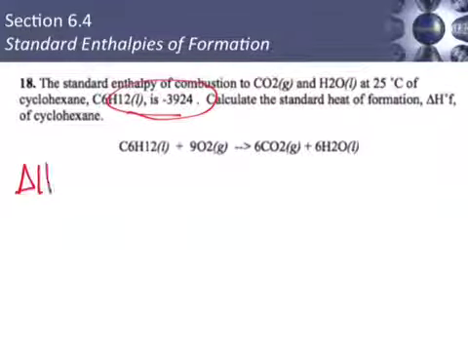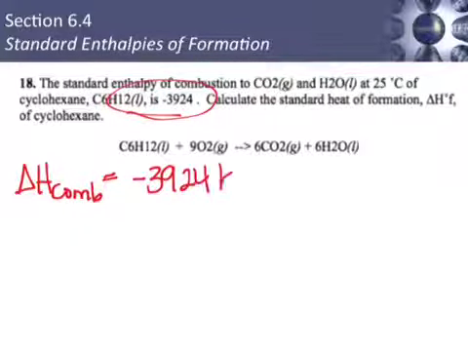So we know that the delta H of combustion for cyclohexane is negative 3924 kilojoules. Calculate the standard heat of formation of cyclohexane. So that is going to be my X. I need to figure out what that is.